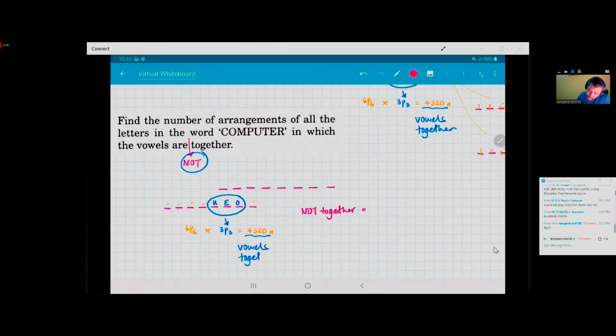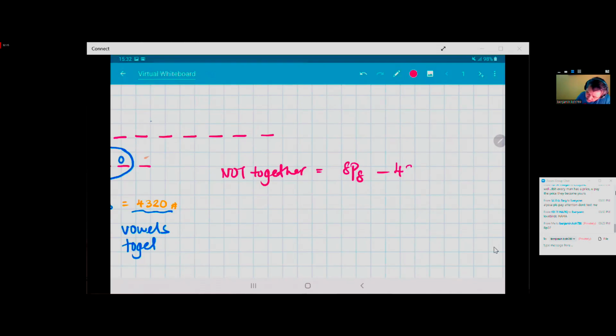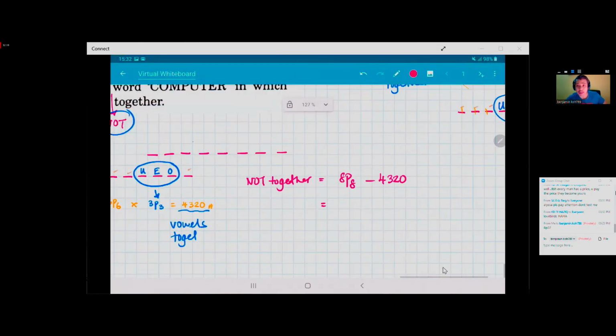So I'm going to take 8P8 minus 4320. Can you understand this? I take 8P8 minus 4320. Boleh faham tak? Now, again, why 8P8? Because 8P8 is the total possible arrangement.